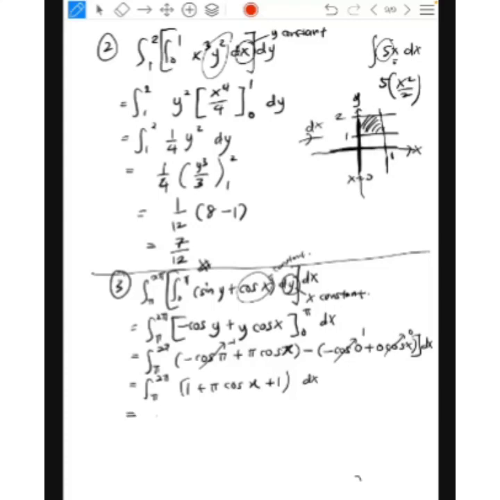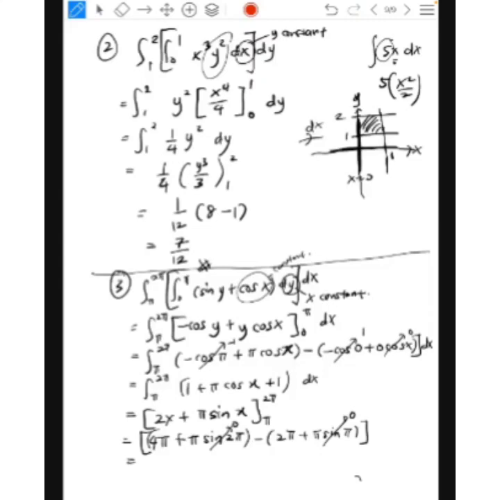I will have 2x plus, integrate cos will be sine. Okay, just substitute the value. This is 0. This is also 0. So 4 pi minus 2 pi will be 2 pi lah.